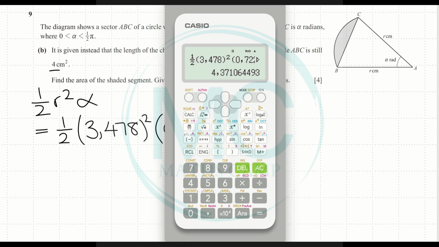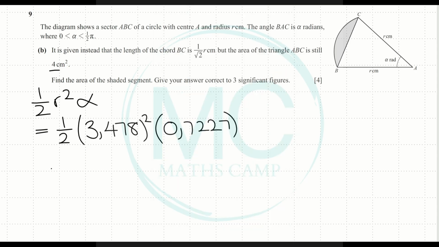To find the shaded section, all we have to do is subtract the area of the triangle, which we know is 4. You can say minus 4 is equal to 0,37106. The question tells us to leave our answer to 3 significant figures. So as our final answer, we can say 0,371.